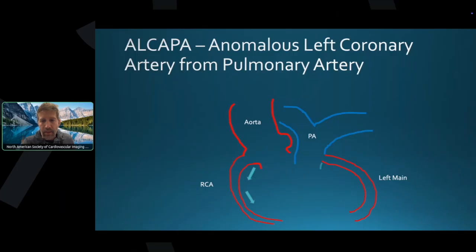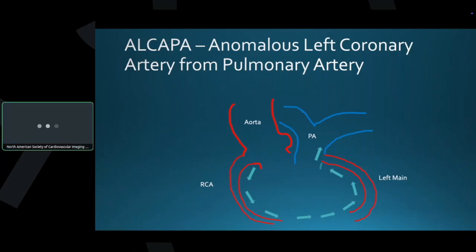What happens is you're going to have flow from the right coronary artery, communicate via all of these collaterals, and that flow is going to go into the left main, and that retrograde flow is going to dump into the pulmonary artery. So it's going to generate ischemia in all coronary territories as this shunt works its way backwards into the main pulmonary artery.